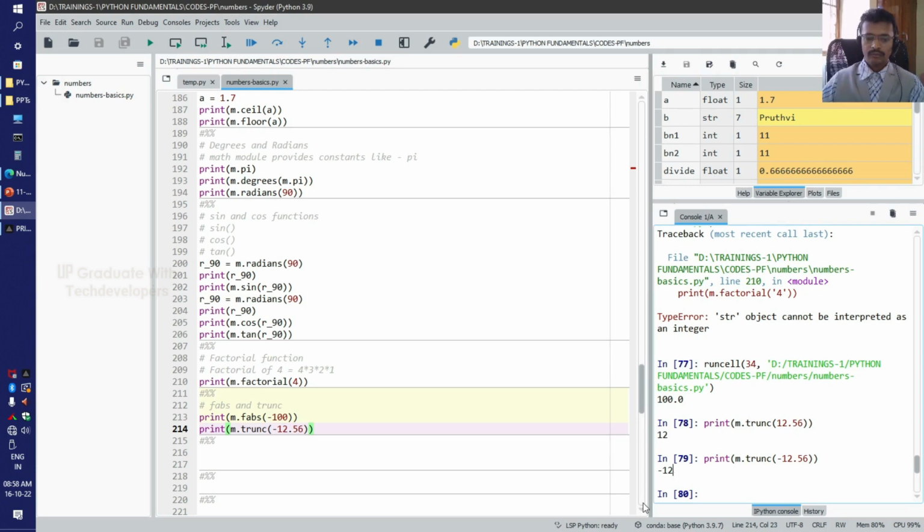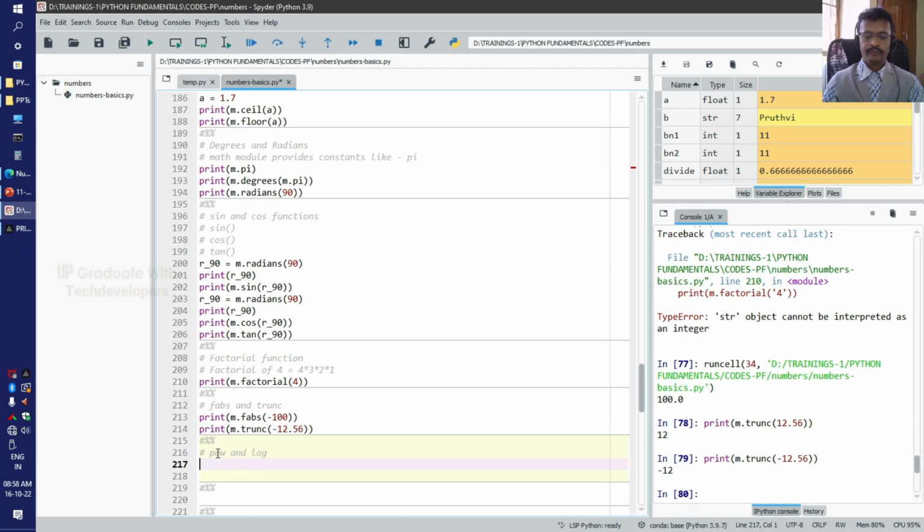Next we have the power and log methods. We can use the power method to create the value of x raised to the power of some other value.